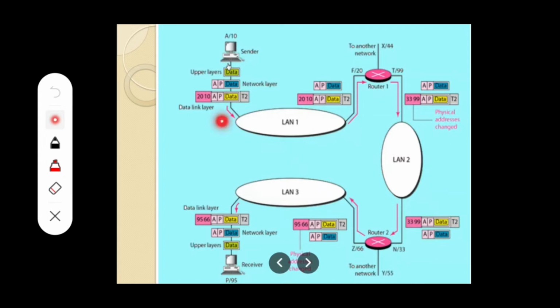So this packet will reach here. This router will take that datagram and decapsulate it. He will remove this header and trailer and take this packet. When he reads the packet, he finds that the source IP address is A and the destination IP address is P.